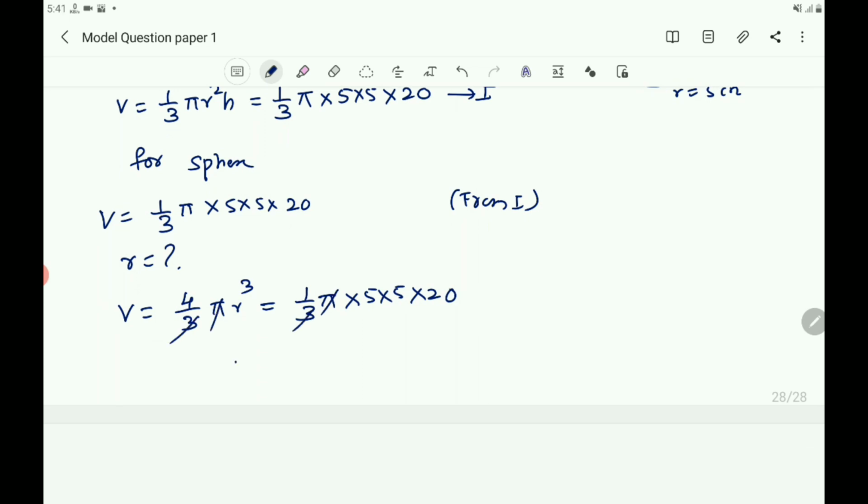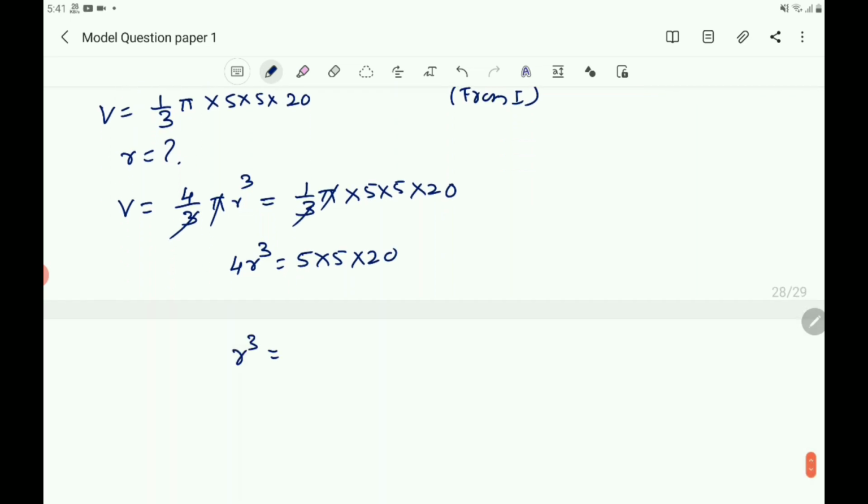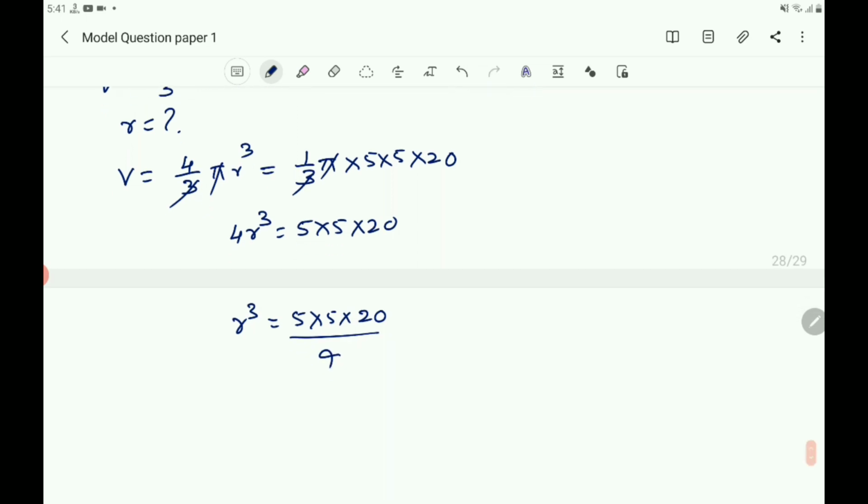What is remaining here? 4r cube equals 5 into 5 into 20. Then r cube equals 5 into 5 into 20 by, you transfer this to the LHS, that becomes by 4.